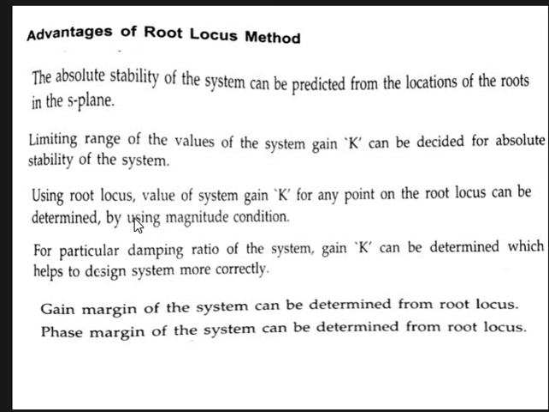Third, using the root locus, the value of the system gain k for any point on the root locus can be determined using the magnitude condition. Next, for a particular damping ratio of the system, gain k can be determined, which helps to design the system more correctly. Finally, the gain margin and phase margin of the system can be determined from the root locus.